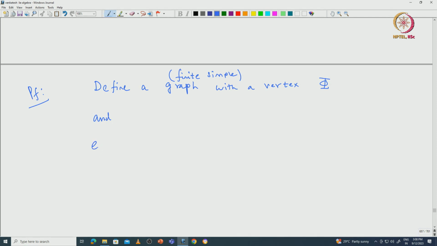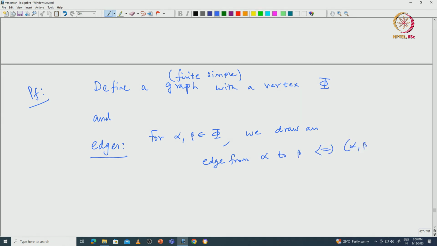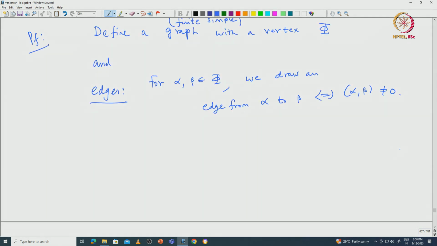If I take two elements alpha and beta inside phi, we draw an edge from alpha to beta if and only if their inner product is non-zero.